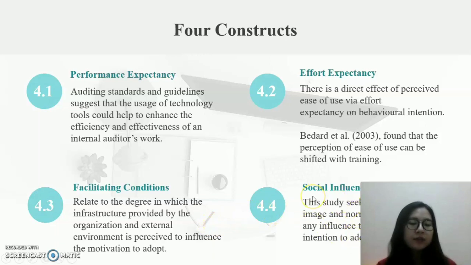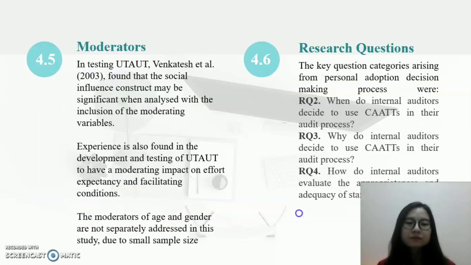Next is social influence. This study seeks to understand if image and normative beliefs have any influence on the intention to adopt CAATTs. So the decision whether to adopt CAATTs or not may be influenced by the head of internal audit in an organization or their professional body.